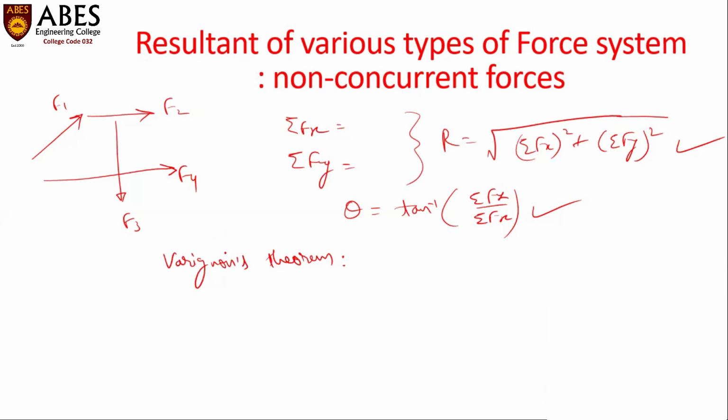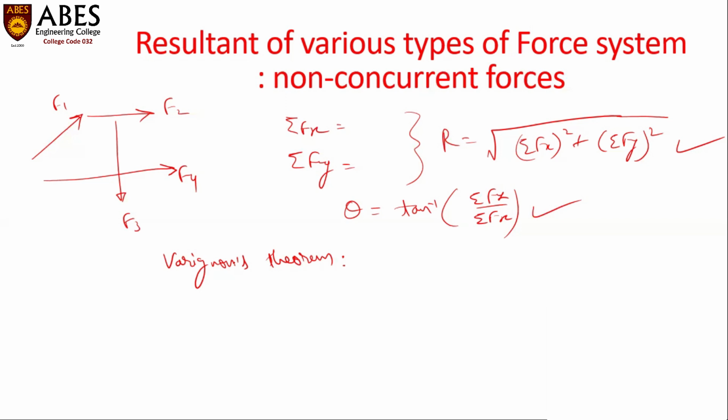Suppose there are two forces F1 and F2, or three forces F1, F2, and F3, and their resultant is R. As per this theorem, the summation of moments of individual forces, that is, the moment of the first force plus the moment of the second force plus the moment of the third force.